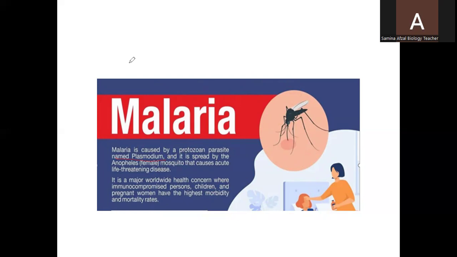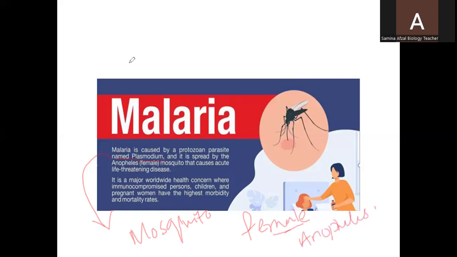But it is transferred by a vector. The vector is a mosquito, the female Anopheles mosquito, which acts as a vector to transfer the Plasmodium from one person to another.